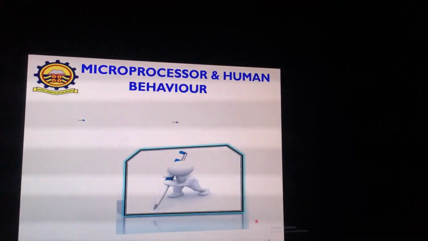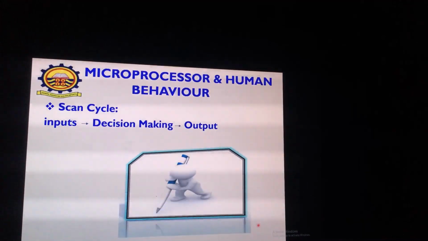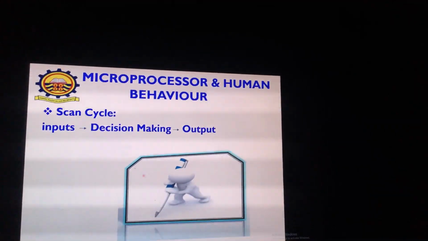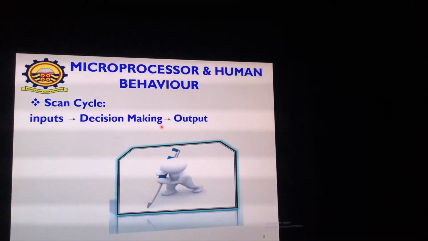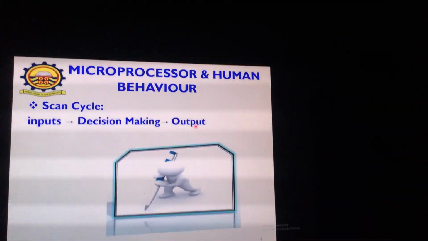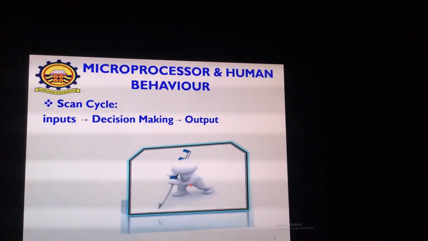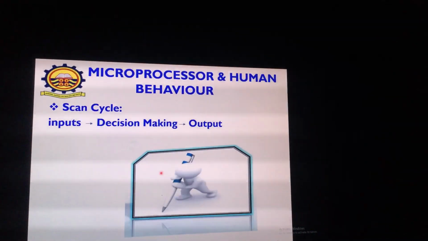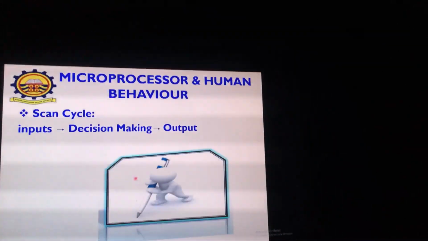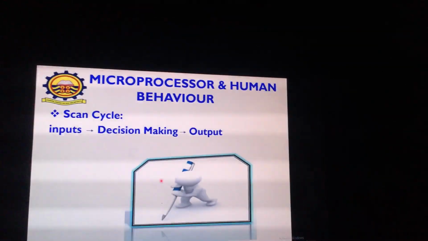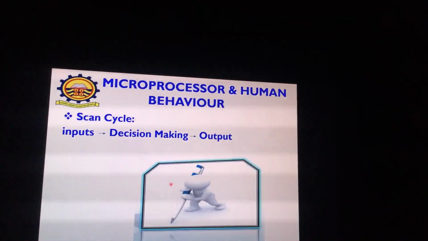Microprocessor and then the human behavior. We'll look at the scan cycle of a microprocessor. It takes an input, makes a decision based on the inputs received, and then an output comes out. As humans, in all our lives, we take inputs, we make decisions, and then we bring the output.